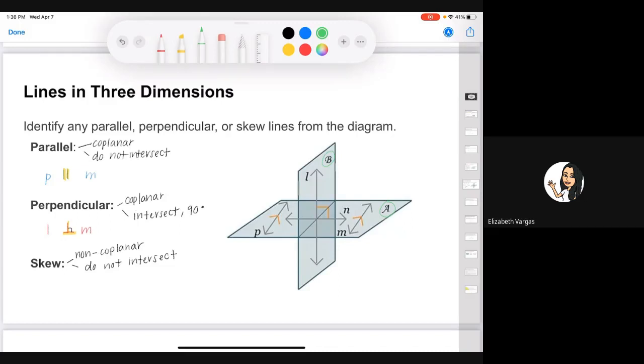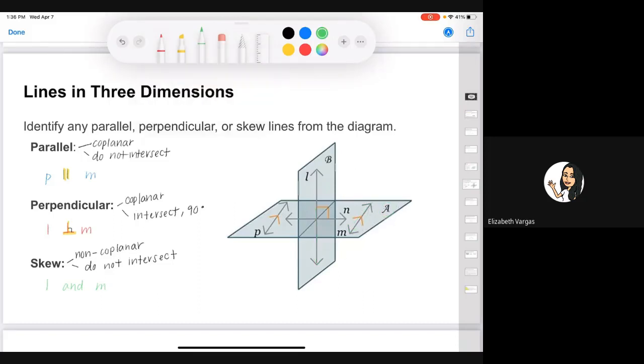Well, that being said, I can say that line M and L are skew lines because they are two lines on different planes, not coplanar, and they do not intersect. So L and M. But I do also have another pair of skew lines.